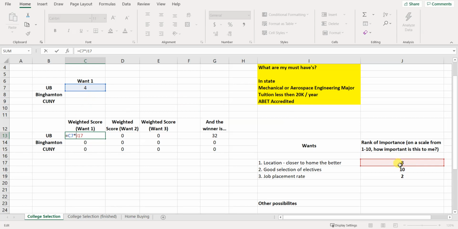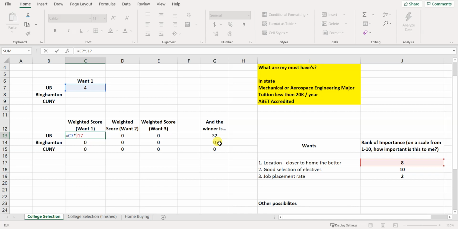If something was super important, let's say the second one is worth a 10 on my list, and that school matched it really well, it's going to get more points. At the end, we're going to add these all up, and whoever has more points is what should be the decision.